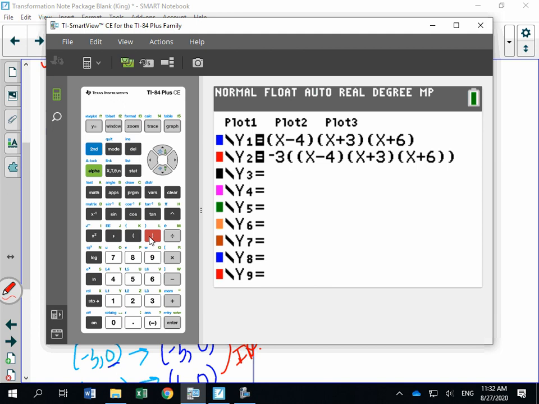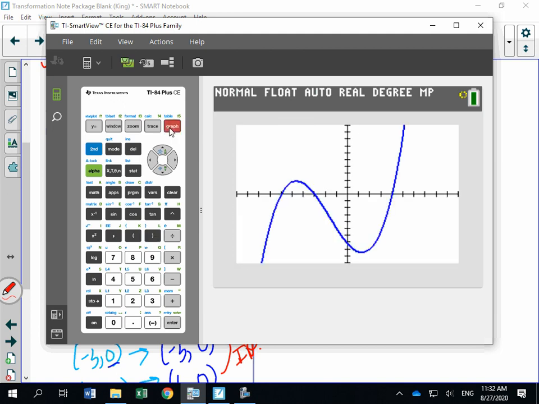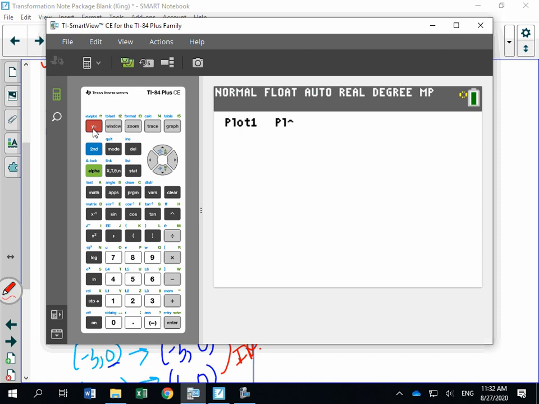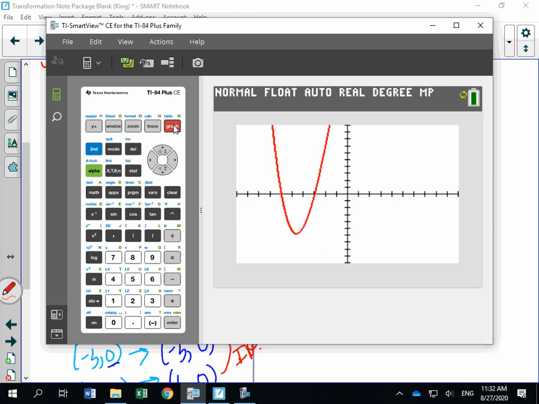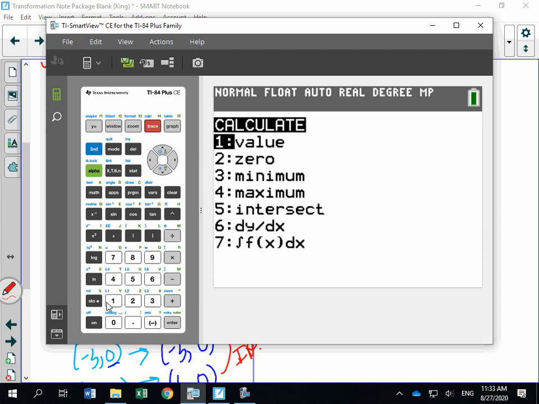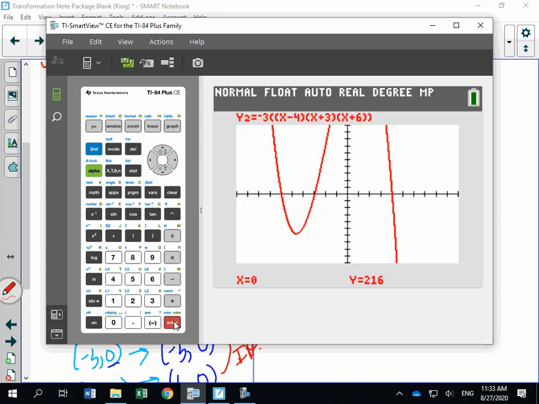My x-intercepts shouldn't change, my y-intercept should. So look at that. My x-intercepts are invariant points because it underwent a vertical stretch. For my y-intercept, let's just look at the new red graph. Second function, calculate a value when x is 0. There's my new y-intercept, 216. Okay?